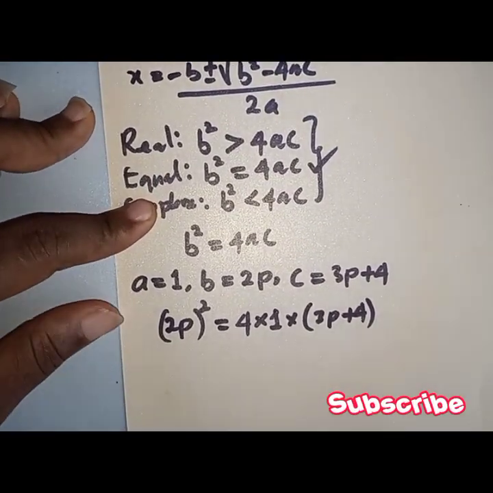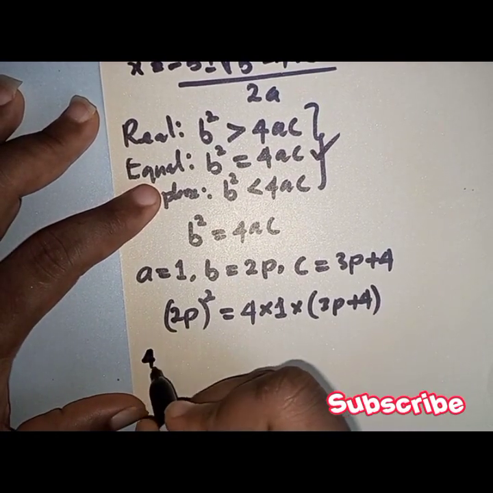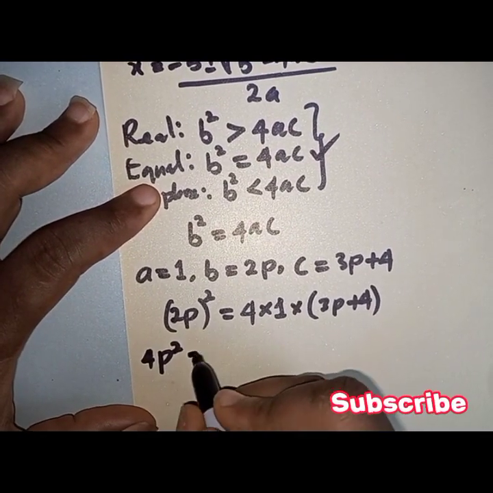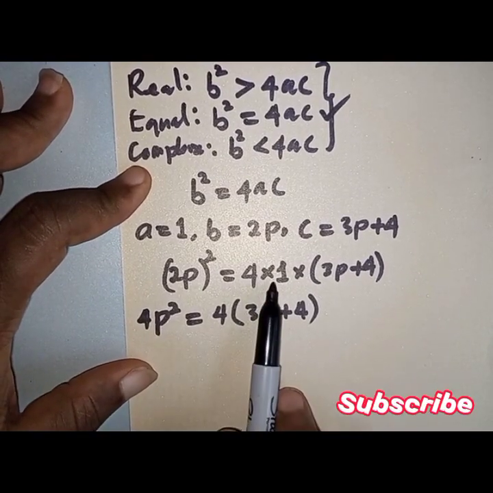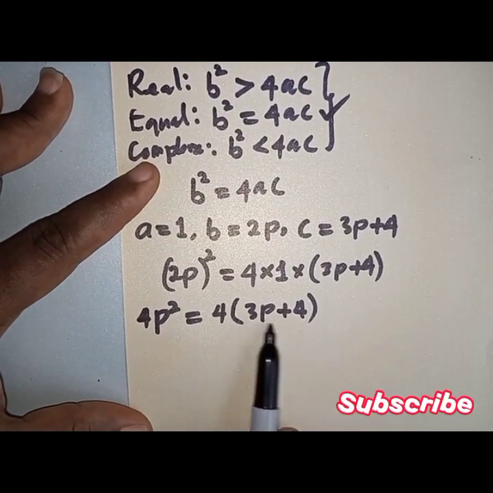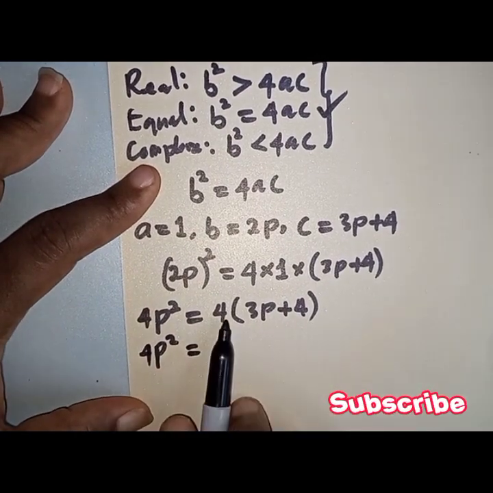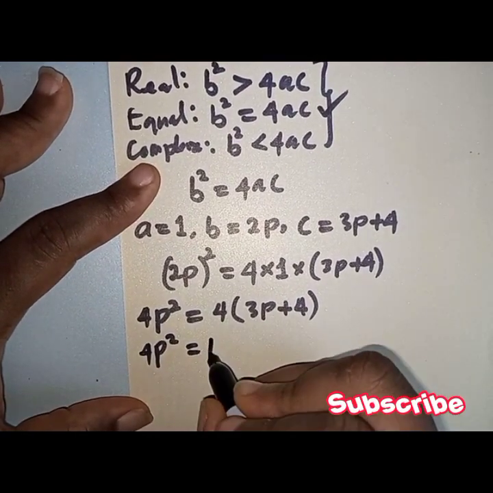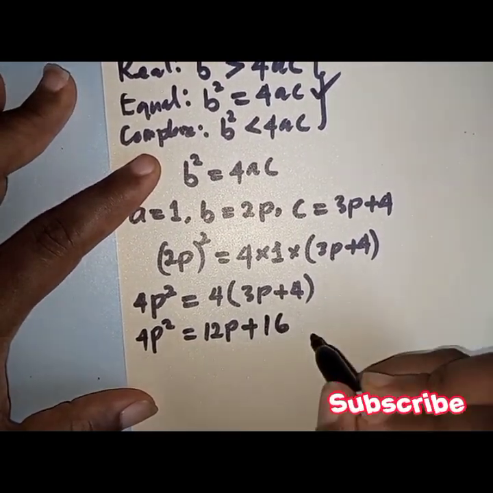We apply algebraic expansion here. So we have 4p squared is equal to 4 bracket 3p plus 4. When we expand this, we have 4p squared is equal to 12p plus 16.